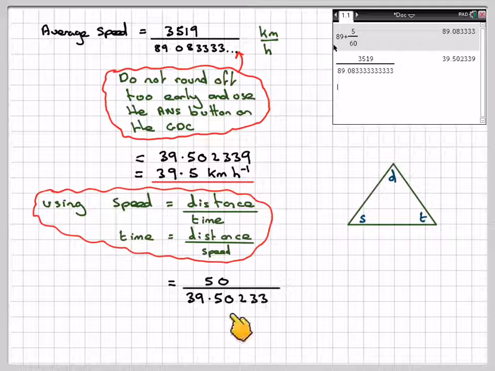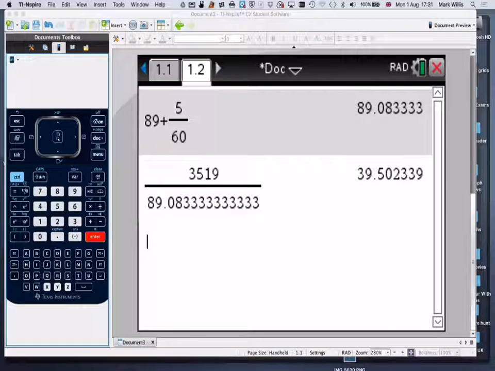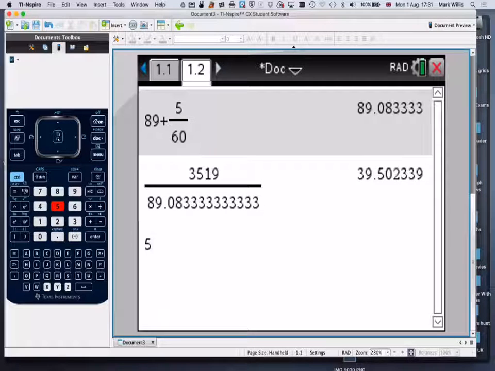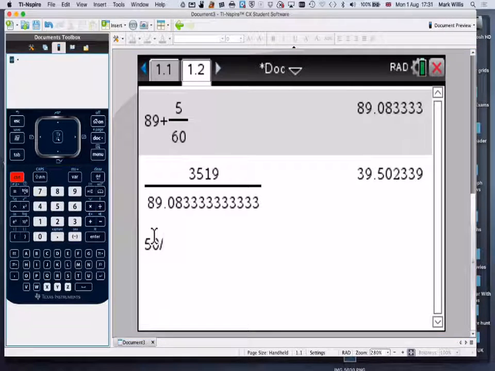So we're going to need to do 50 divided by 39.502339. Again, we're not going to use the rounded off answer, we're going to use this. So going to our GDC, we're going to write in 50 divided by the answer from the previous part, so it's control answer, and press enter.